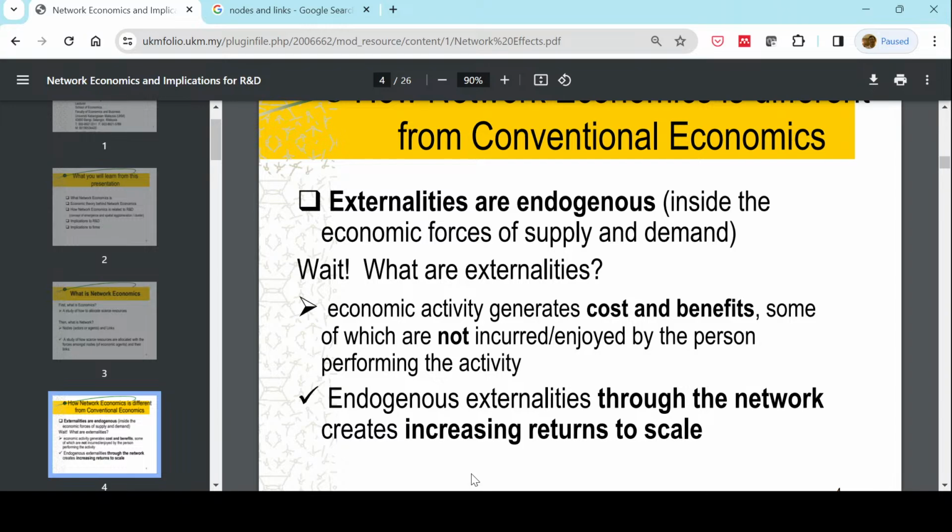On the other hand, if you add one more input, the output will increase by less than 1. That's decreasing return to scale. So here, in the context of network effects and network economics, we're dealing with increasing return to scale.